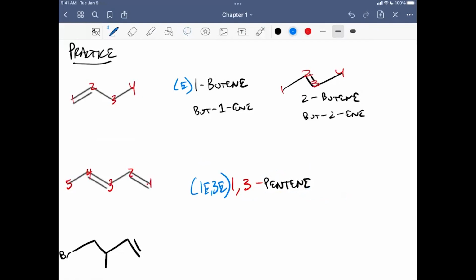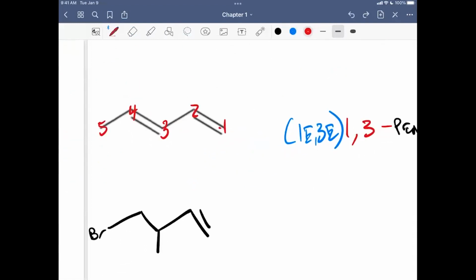You'll have to check with your book on how they go about this, because this chapter is really interesting, as they don't tend to put your Z and E, those trans and cis, till later on in the book, at least the book I'm looking at. So you'll have to really see if they put it there for this chapter, or if your professor specifies those Z and E in your IUPAC names. All right, let's go on to this next problem.